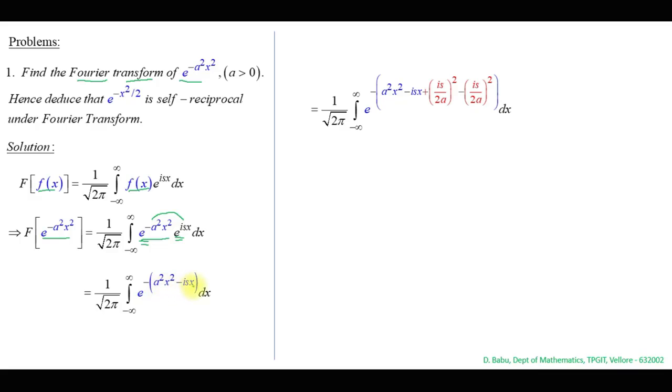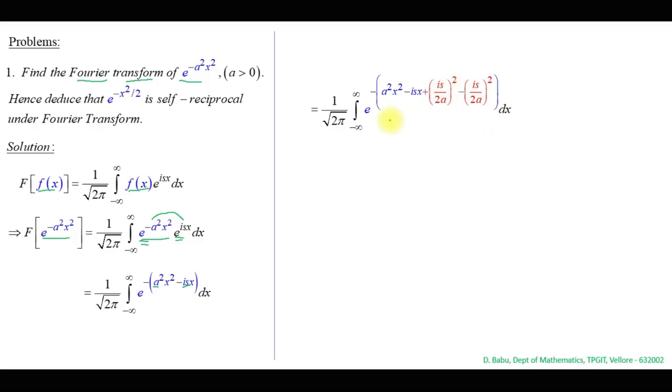Okay. So what is the coefficient of x square? Here a square. Therefore, add and subtract, what is the half of is? Is divided by 2a. So add and subtract is divided by 2a whole square.